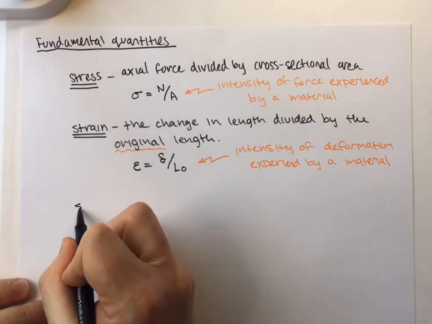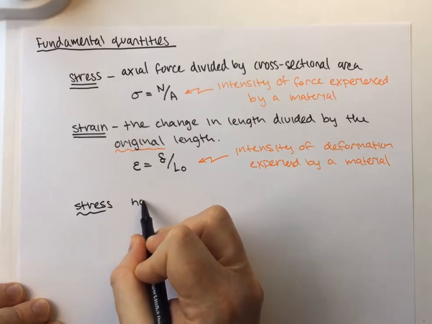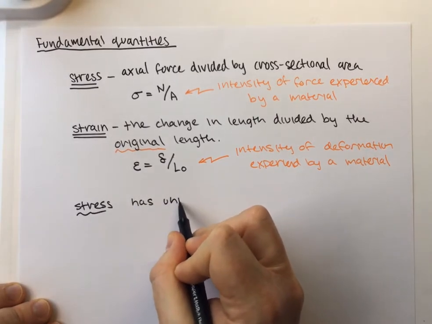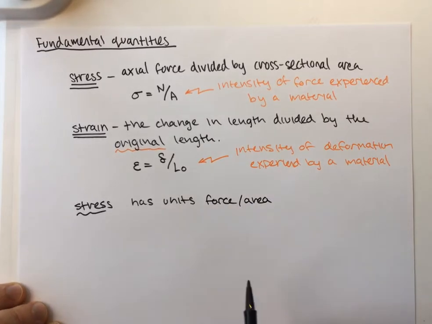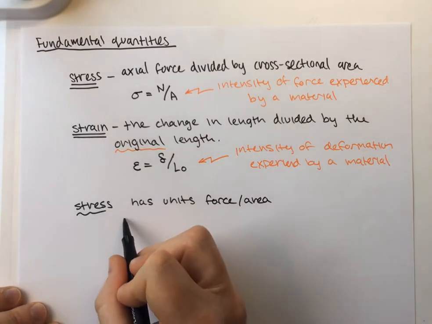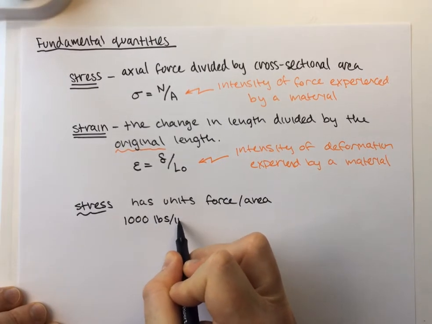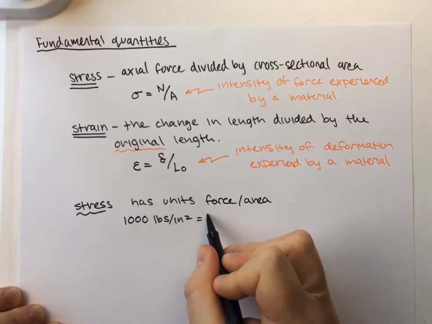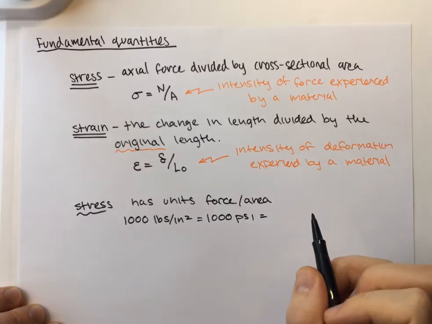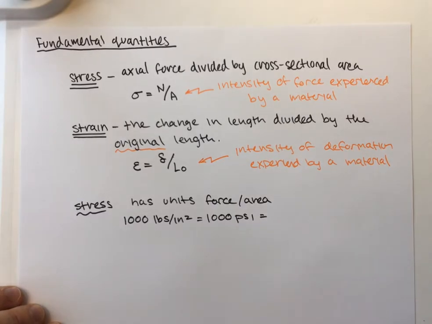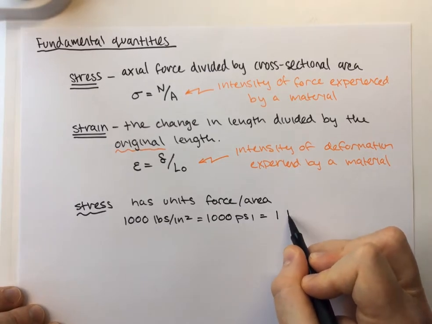And just to talk a little bit about units here, so the units for stress. Stress has units of force per area. And in our US system, that would be something like 1,000 pounds per square inch, which is going to be equal to 1,000 psi. And because civil engineers often work with really big units, we've given 1,000 psi a special name, so we call that 1 ksi.